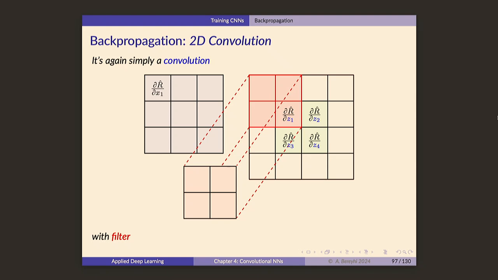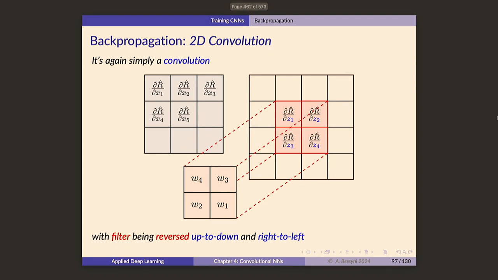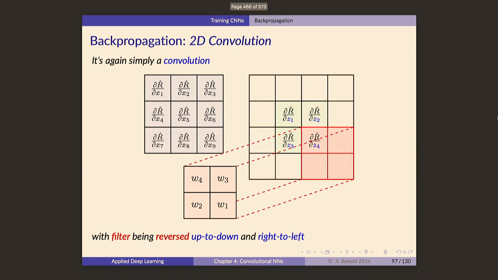So this guy should be w2. And then you can just keep on doing this, and at the end of the day, you're going to see that this is the same filter as you had, just reversed, up, down, left, right. Okay? Clear? And then you can keep on going over all of these gradient components, and you see that this is exactly what you computed by the chain rule.